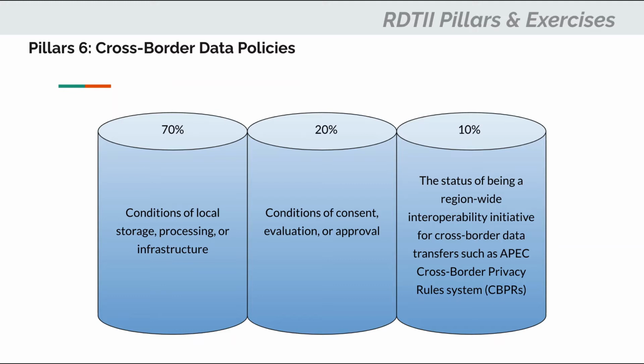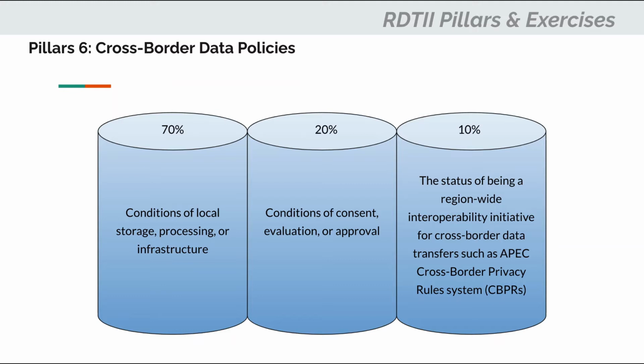The second subpillar that deals with another set of conditions for cross-border data is less impactful because, while it incurs business costs, it ensures digital trust in regulatory environments where data are to be used.